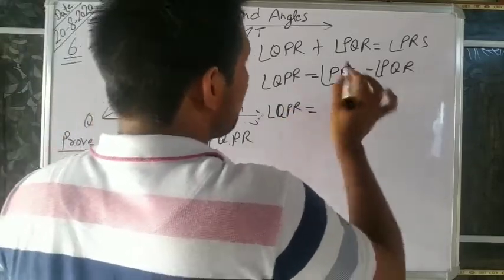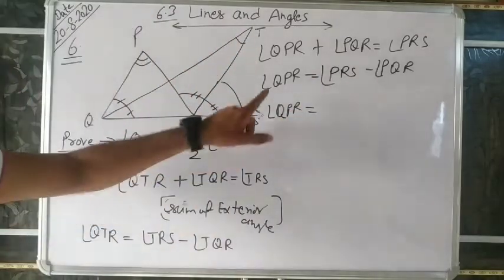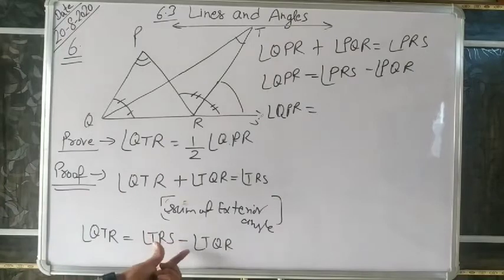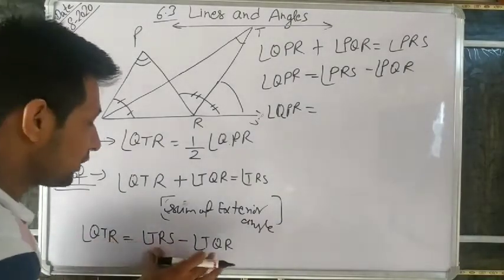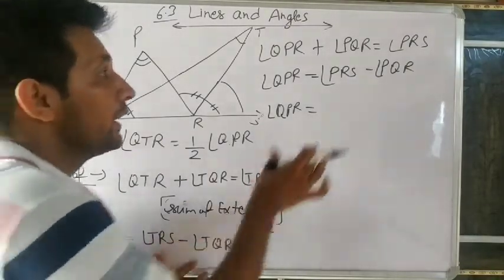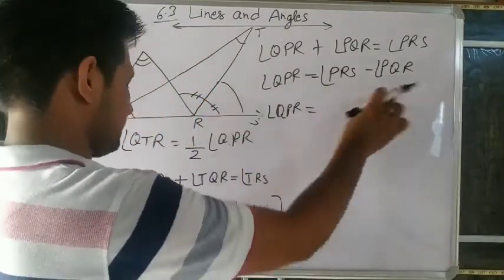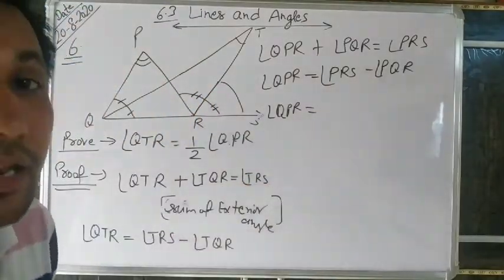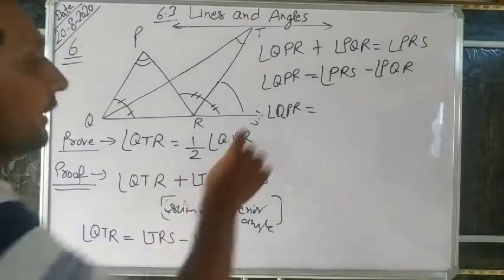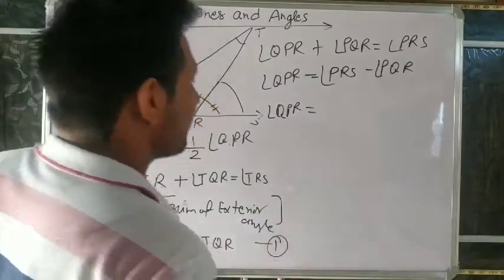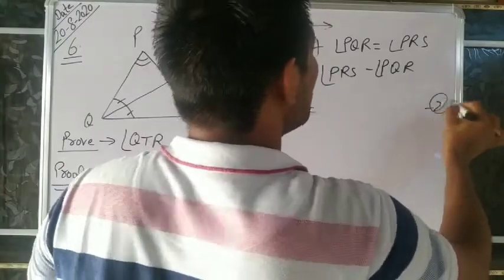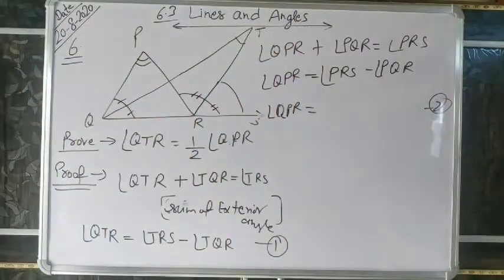Now PRS. How can we say that this one and this one are equal? Here QTR equals TRS minus TQR, and here too it is TRS minus TQR. Look, equation 1 we already found, and equation 2.